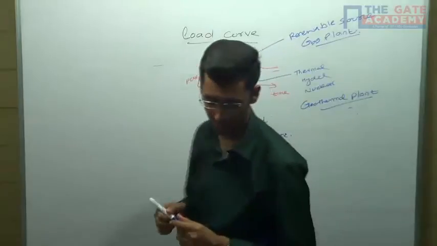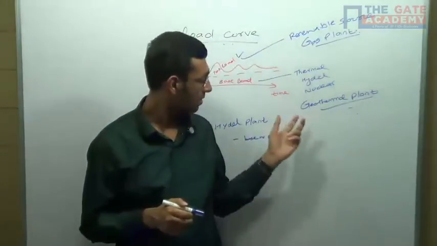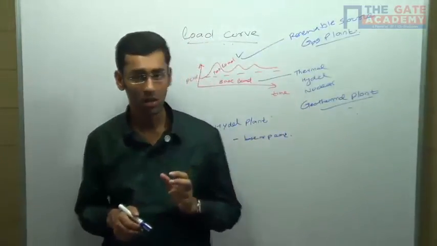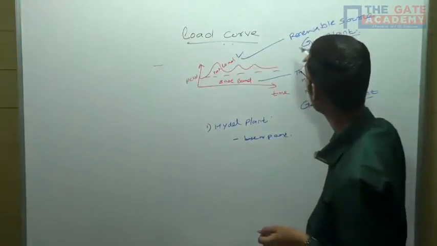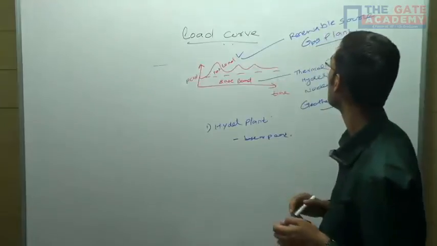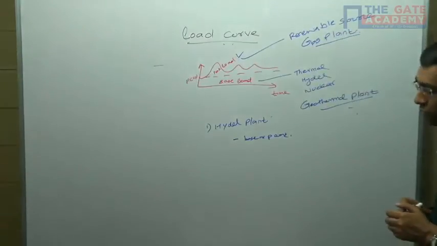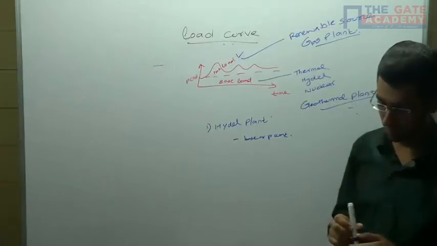Now gas plant, if the options are base, peak, either base or peak, or backup, which one do you go for? You have to go for peak load, because usually gas plant is known for peak load.